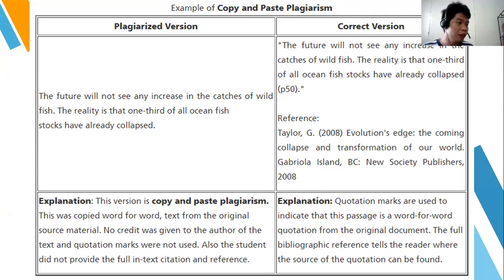Since it's word by word, it's really fine if you use every word doon sa original version, but you have to use proper quotation marks. Proper quotation marks are an indication that you directly quote the work of an author. Meaning wala kang binago. You did not reconstruct the original form of the text.